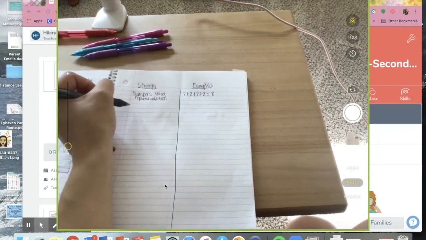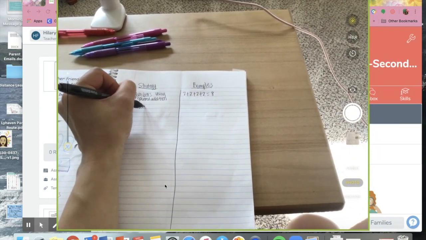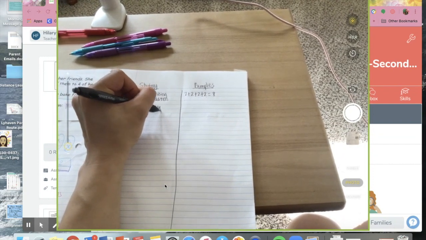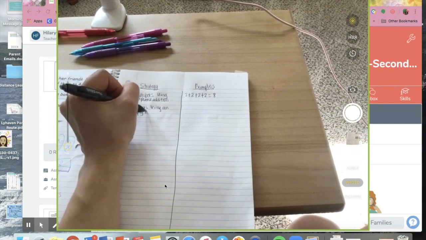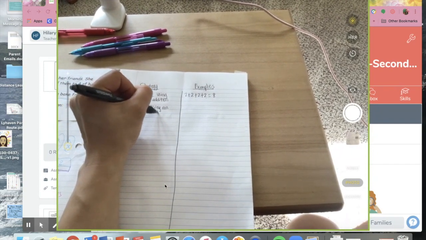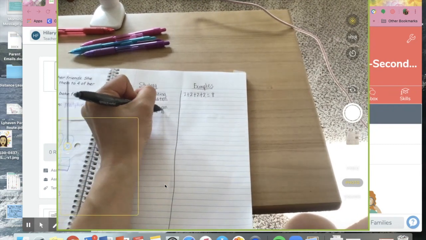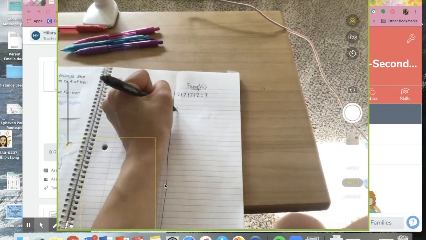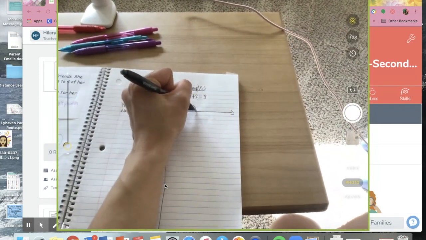Okay, now, you can also use numbers using an empty number line like we have used all year, okay? But it would basically be the same as this, you're just going to use an empty number line. So all you do is draw your empty number line, and then your jumps would be your groups.